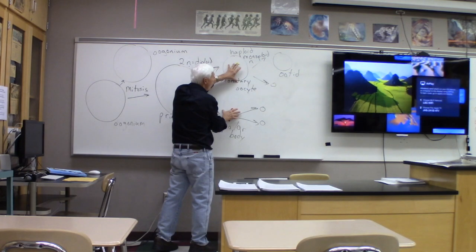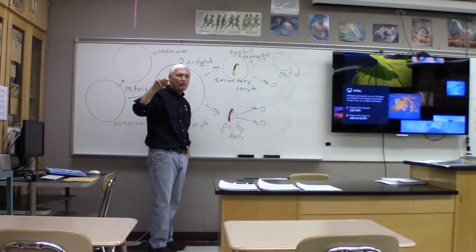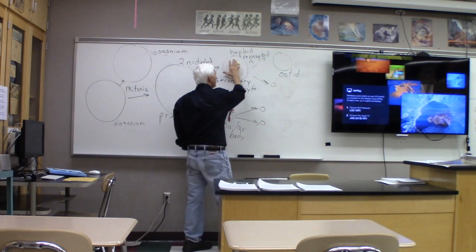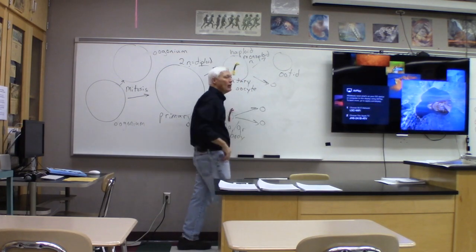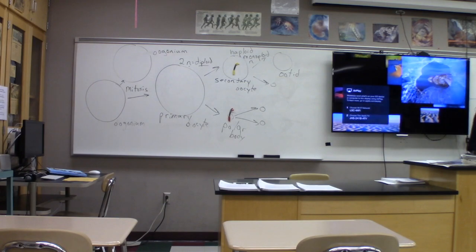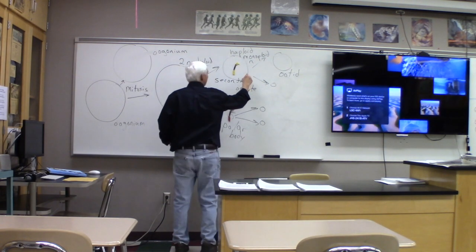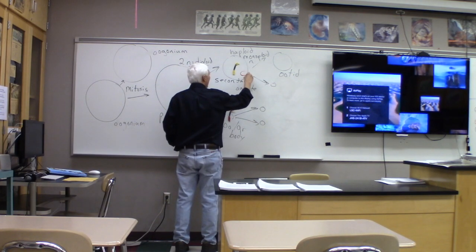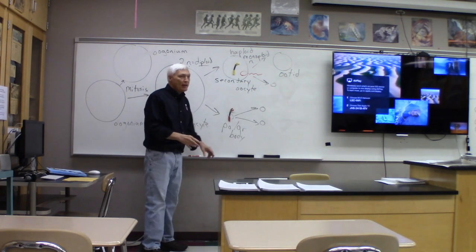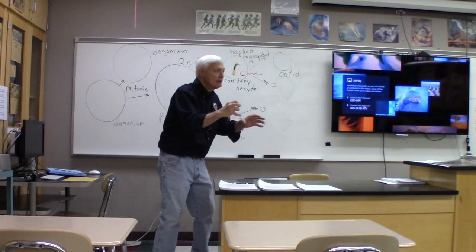Now, the secondary oocyte that's moving down the fallopian tube on its way to the uterus, it will not do meiosis 2 unless, we'll use a different color here, unless a sperm cell penetrates it. Okay, there's a sperm cell. Secondary oocyte moving down the fallopian tube, little polar body attached to it.